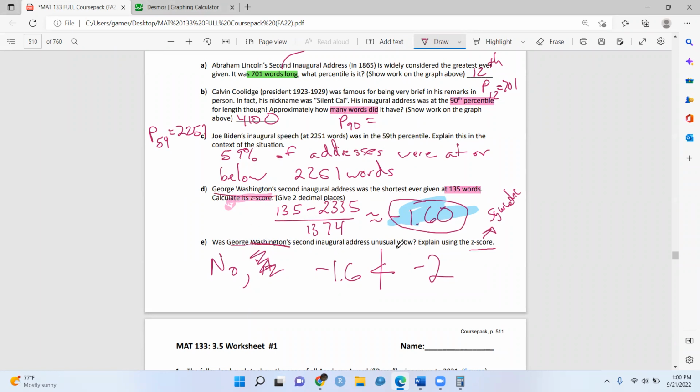So we're using that to determine, is it unusually low? And maybe I shouldn't have used the algebra. I should have said no. The Z-score is not less than -2. And so it's not unusually low.